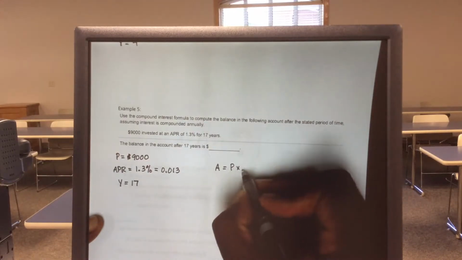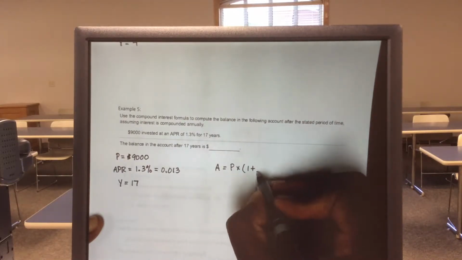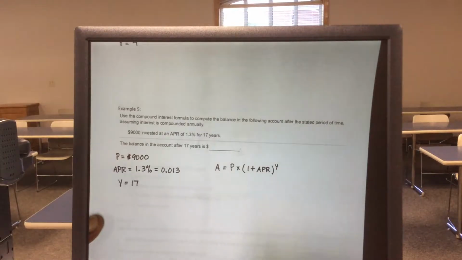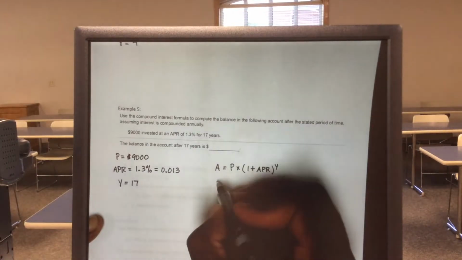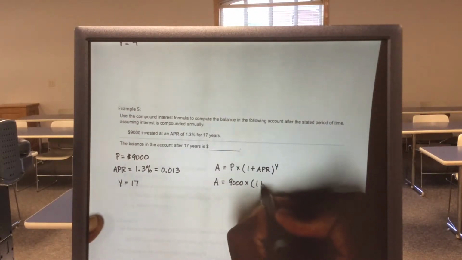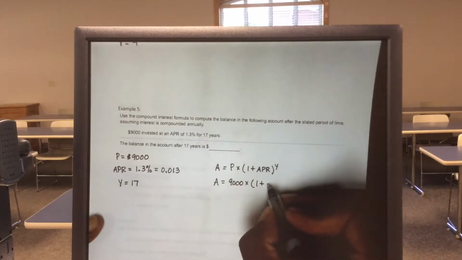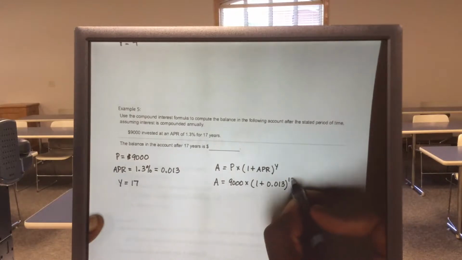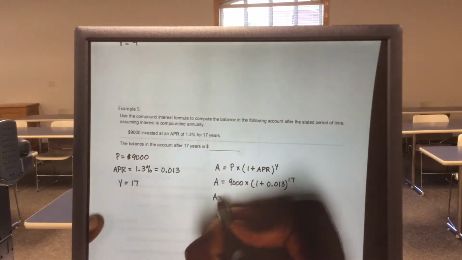A is equal to P times the quantity 1 plus APR raised to the Y power. Your principal, P, is $9,000. That's multiplied by 1 plus our APR of 0.013 raised to the power of Y, which is 17.